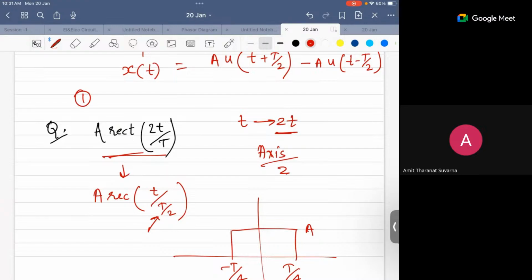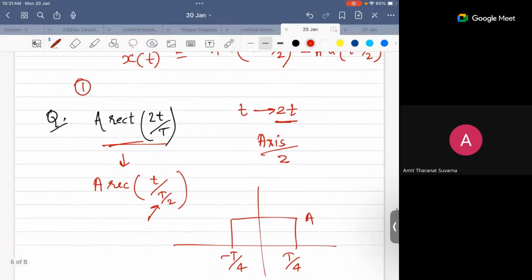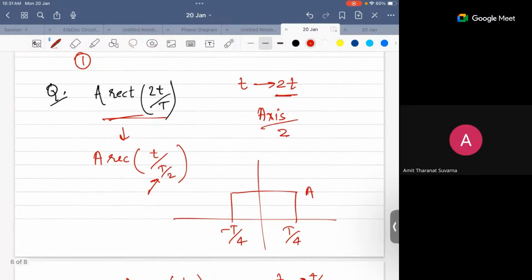Whenever you are converting t to at, where a is greater than 1, you just divide all the values of the axis with that a. That means if a is greater than 1, you just compress the function. Earlier it would have started from minus tau by 2 to tau by 2. Now you divide all the values with 2, so it will start from minus tau by 4 to tau by 4.